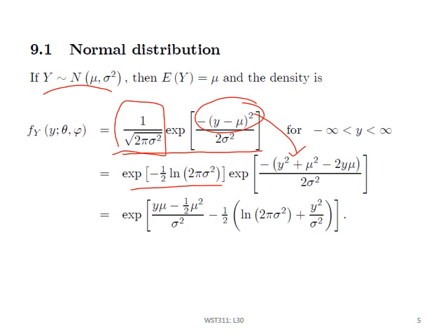Combining the different terms, we can simplify the expression to be in this form. Please check the detailed algebraic steps for yourself. If we compare this expression now with the expression of the exponential family, we will be able to identify the different components of the exponential family.